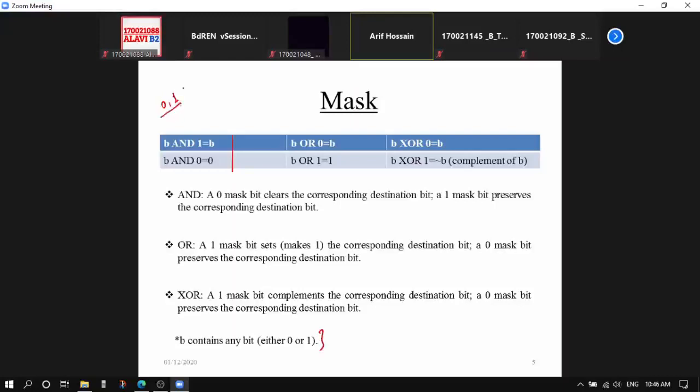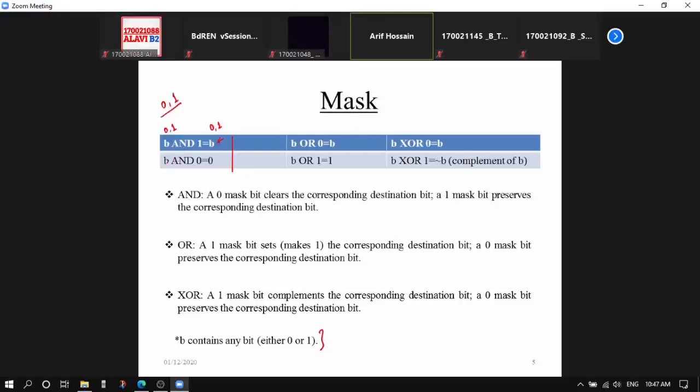So see, if the value of your B over here is 0, and if you perform 0 and 1, you will end up getting 0. If your B is 1, and if you perform 1 and 1, again you will end up getting 1. That's why it is saying that with B, if you provide 1 bit with AND operation, you will always end up getting exactly the same bit.